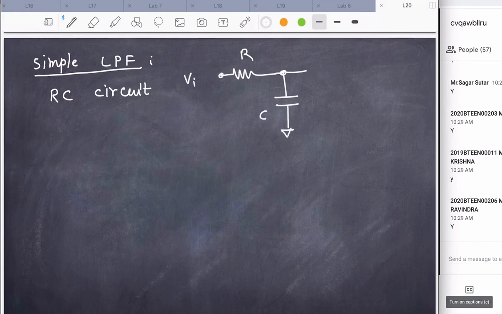So, this is V input, this is V output. So, this circuit becomes a low pass filter.